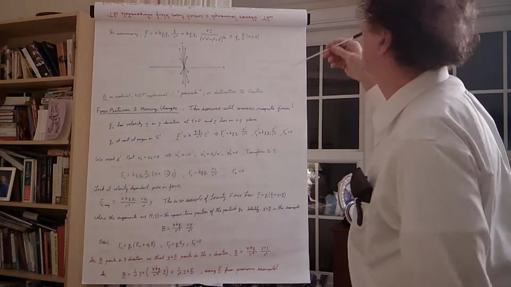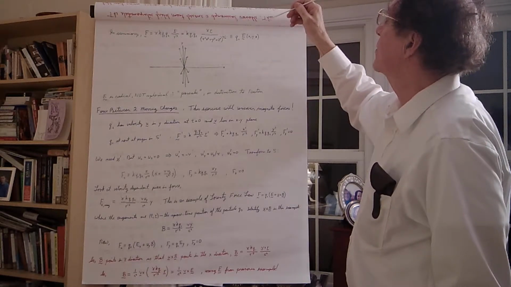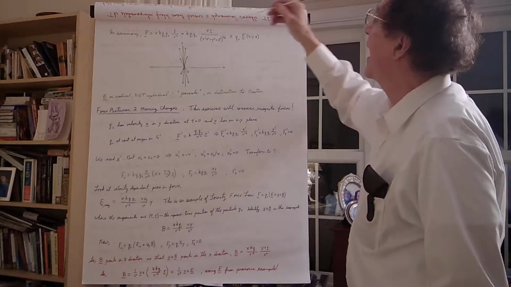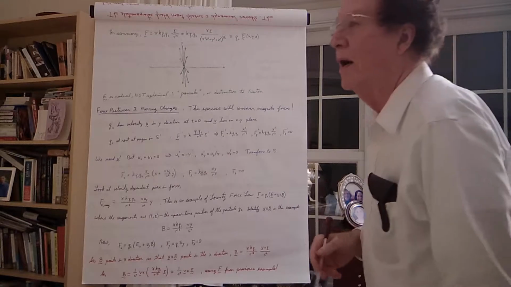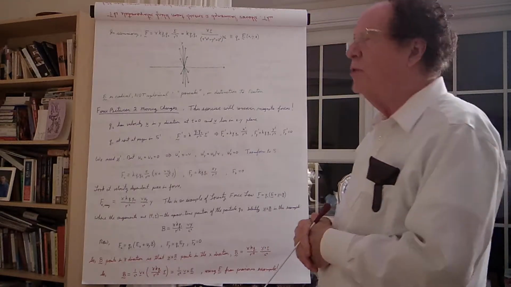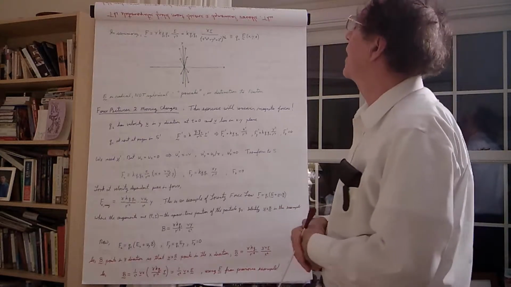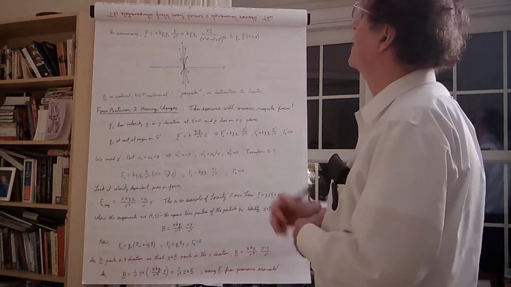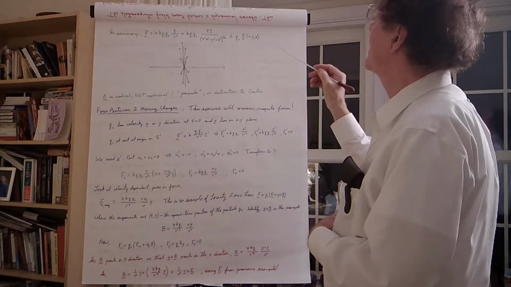And so it's diminished by a factor of gamma squared x squared plus y squared plus z squared to the 3 halves, because I have distance to the cube over distance in the numerator. The force falls like 1 over R squared, and I've just written it as R divided by R cubed to capture that. So we can write the force, and then we can write it in terms of an electric field.